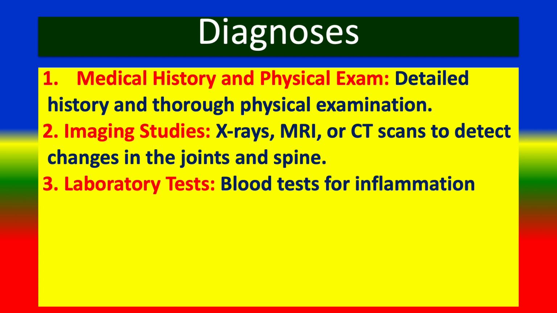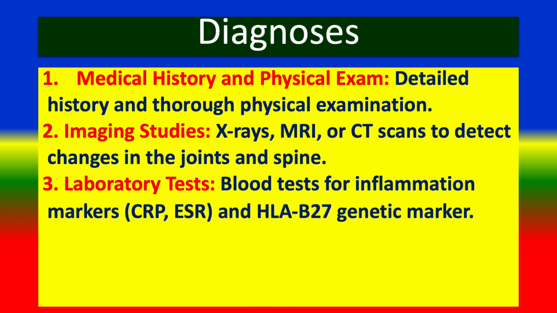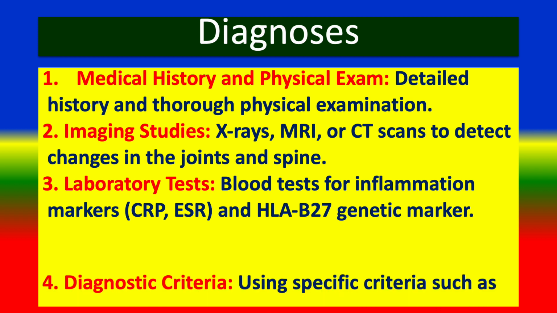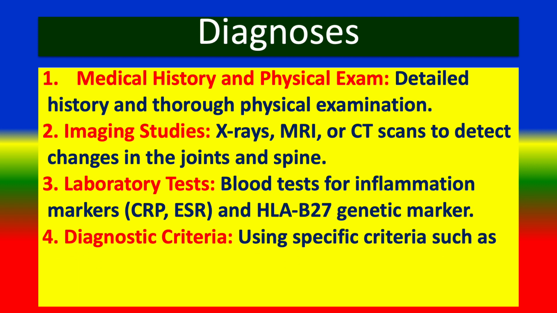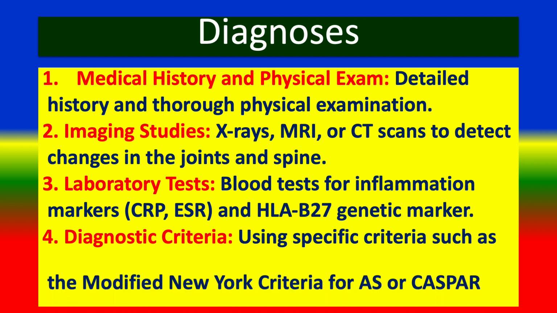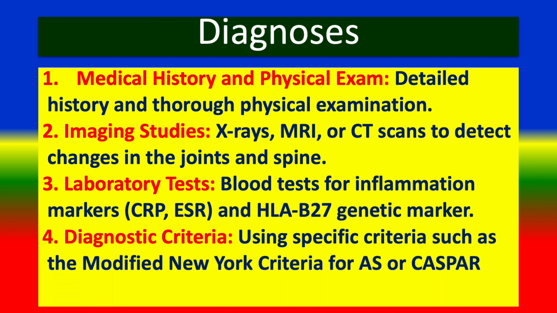Laboratory tests, blood tests for inflammatory markers, CRP, ESR, and HLA-B27, a genetic marker. 4. Diagnostic criteria, using specific criteria such as the modified New York criteria for AS.